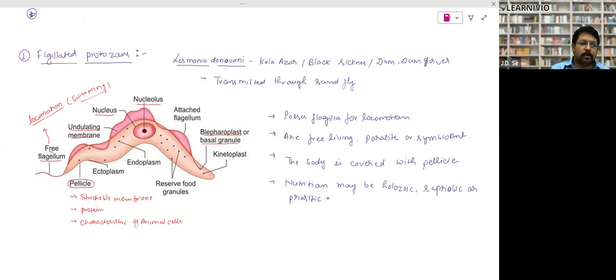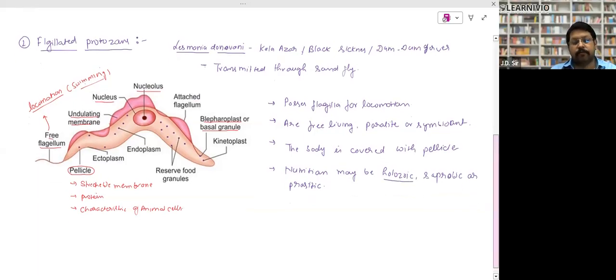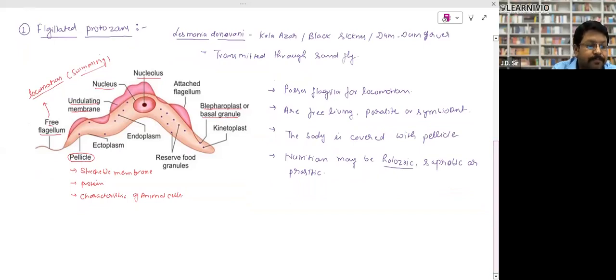What is holozoic nutrition? Tell me. Sidika, what is holozoic nutrition? What is saprobic and parasitic nutrition? Tell me, any one of you. Who will explain?